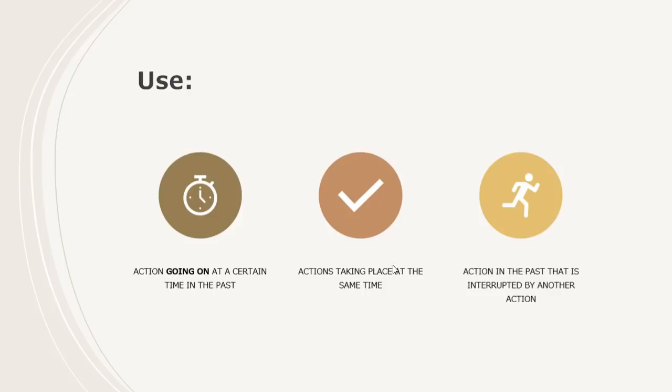And the second one, action taking place at the same time, like two actions were happening at the same time. And then action in the past that is interrupted by another. Yeah, for example, when I was watching television, my mother called me or something like that, right?